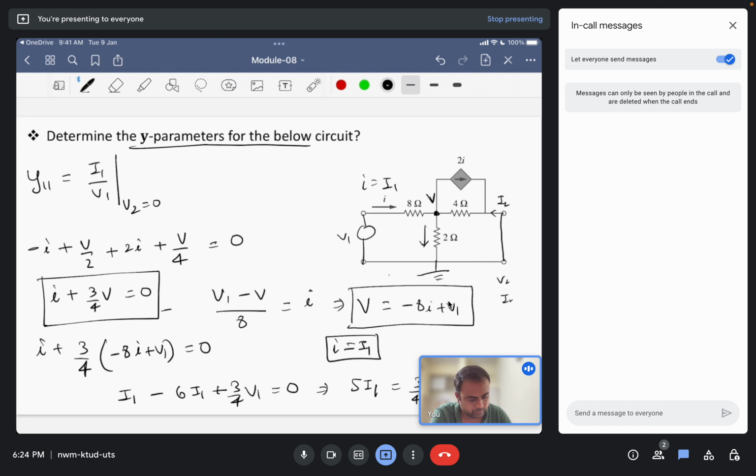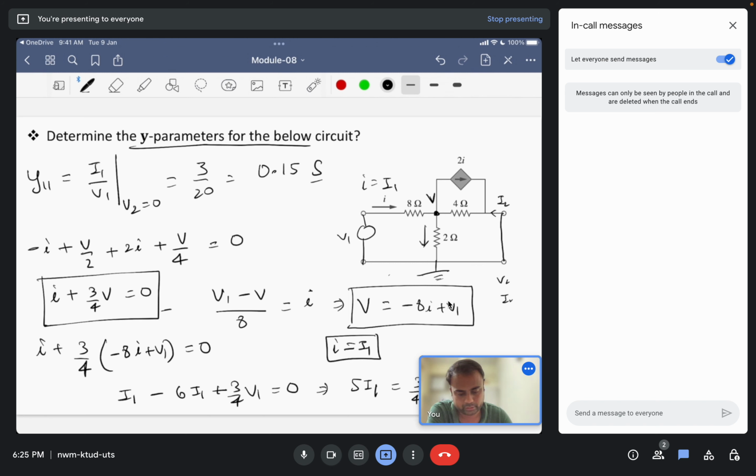So I1 by V1 is equal to 3 by 20. Dividing by 2 is 1.5, so 0.15 Siemens. So 0.15 Siemens will be I1 by V1. Similarly we have to calculate all the other parameters.